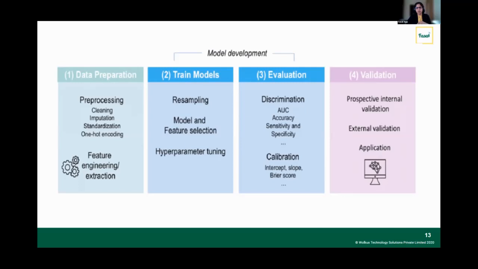So one hot encoding converts summer into a feature, and it will say whether January is summer or not. The value will be either 0 or 1. And then in the data preparation, once we do the pre-processing, we extract important features.